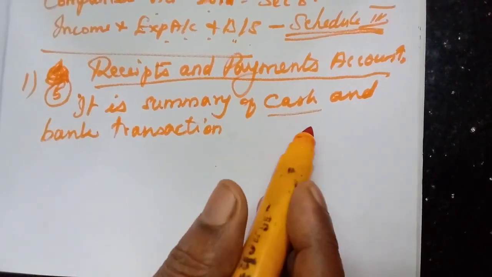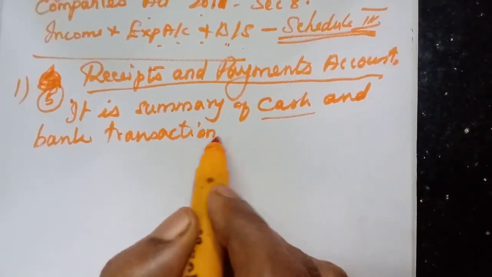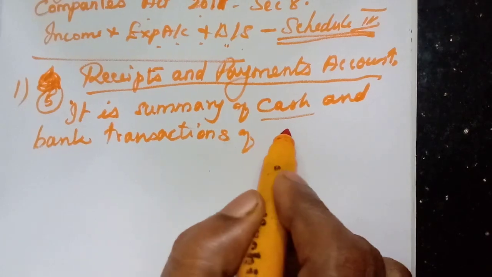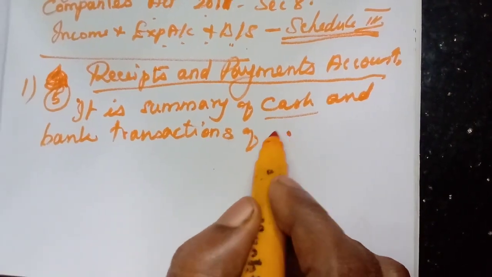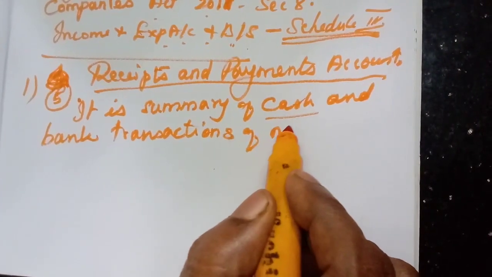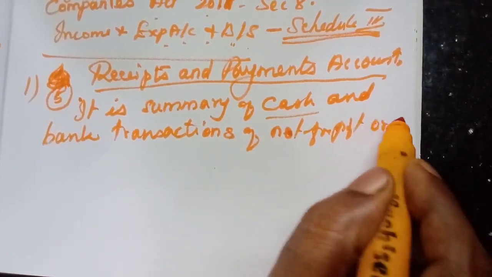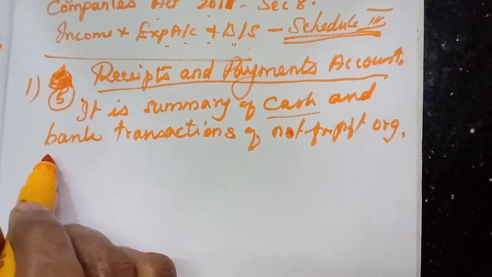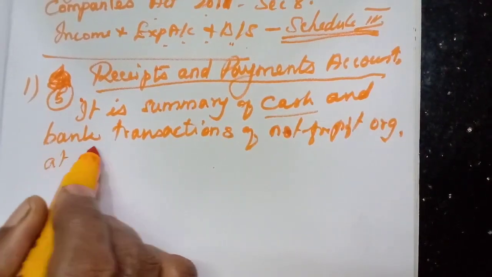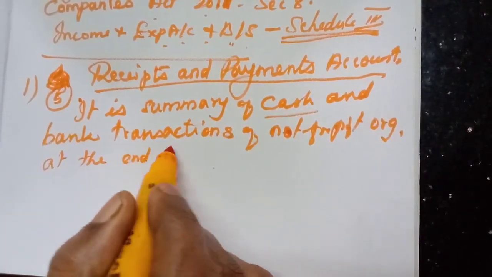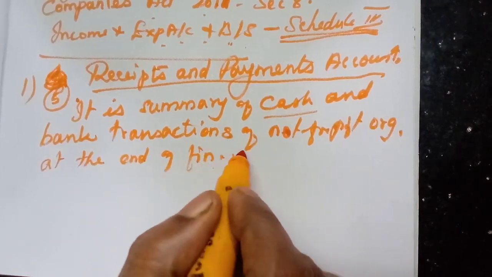So it is a summary of cash and bank transactions of not-for-profit organizations at the end of each financial year.